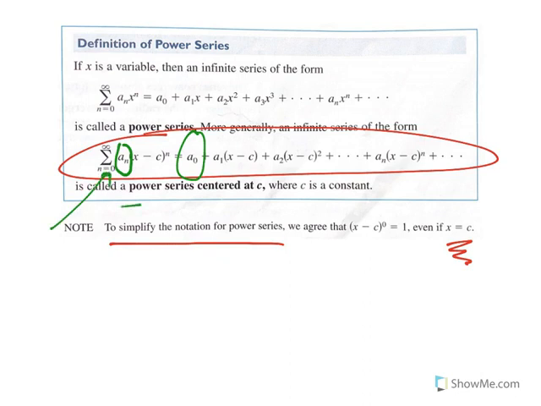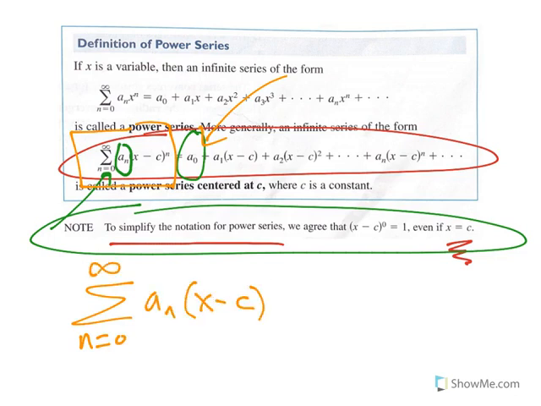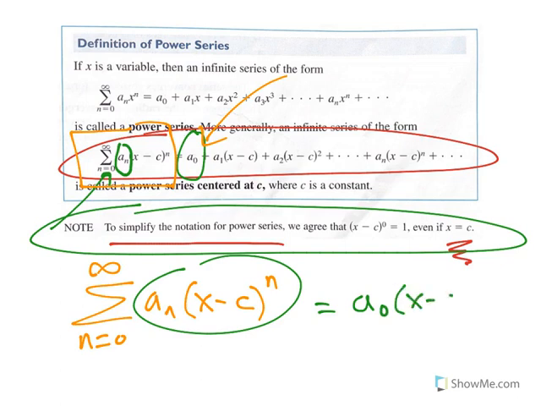And all this note tells you is that you can include this particular first term of the series as described by this notation, when the notation says from n equals 0 to infinity, a sub n times (x minus c) to the n. If you substitute 0 for n here, what do you get? You get a naught times (x minus c) to the 0.